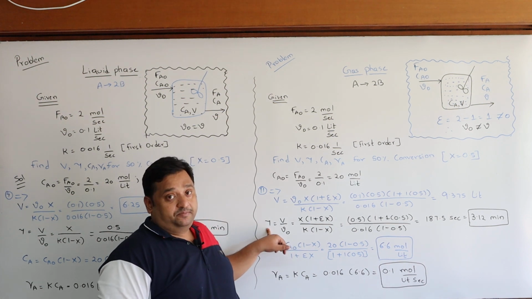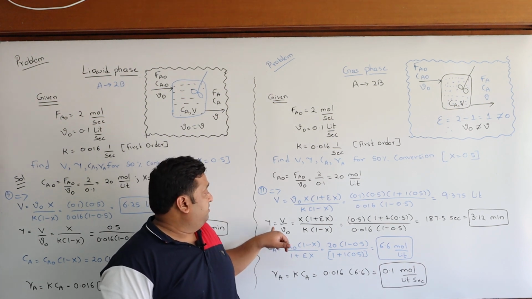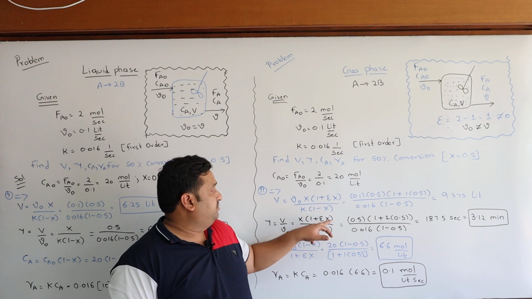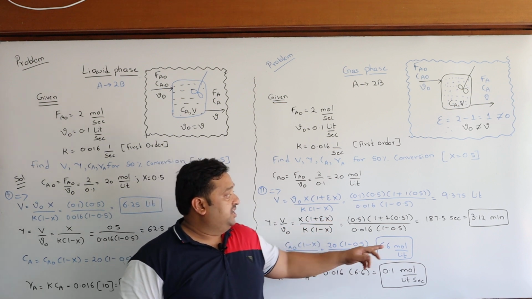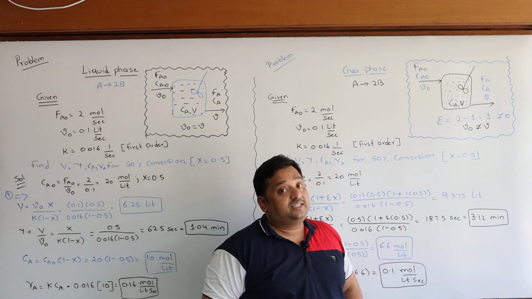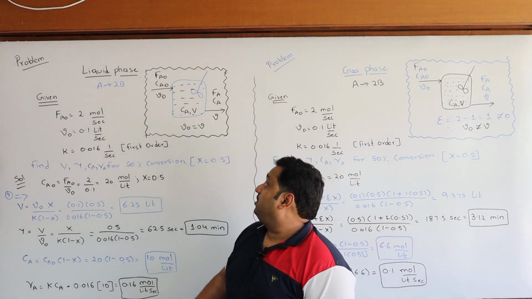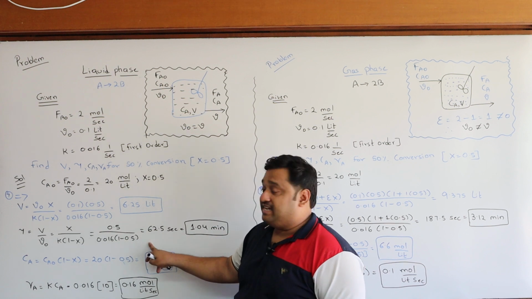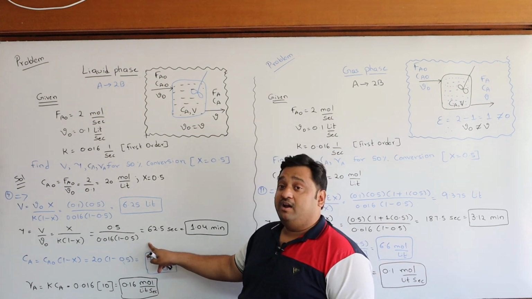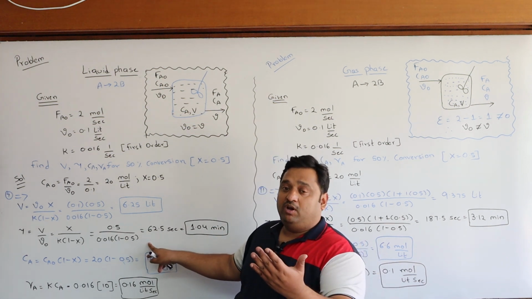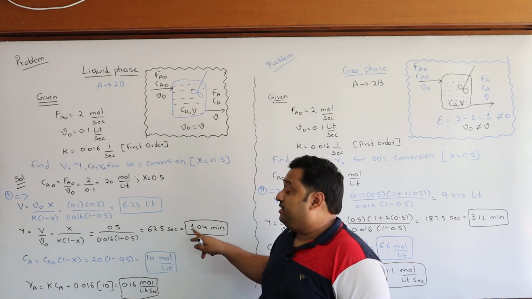What is the space time? Volume by volumetric flow rate, X times (1 plus epsilon X) divided by K times (1 minus X). 187.5 seconds has come, that means 3 minutes. The space time, that is the time required for one reactor volume of the feed to come out, was 1 minute.